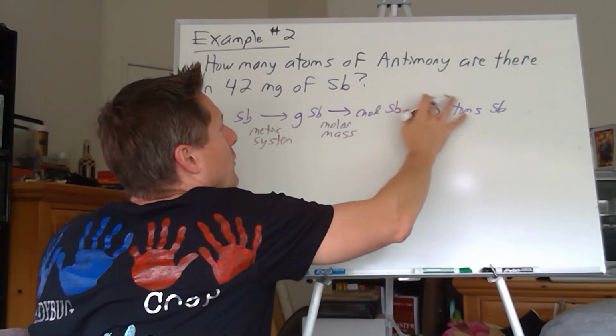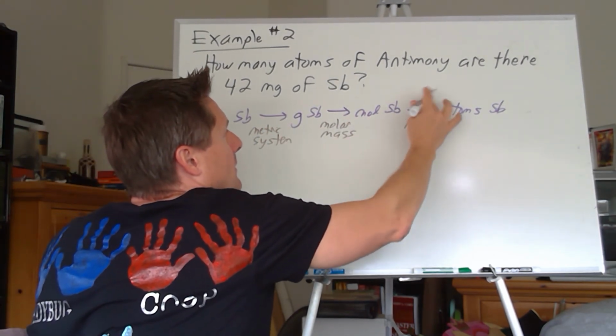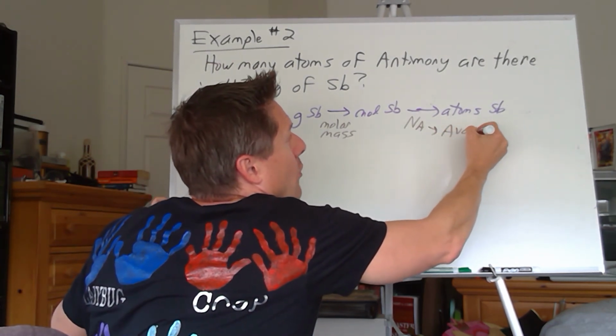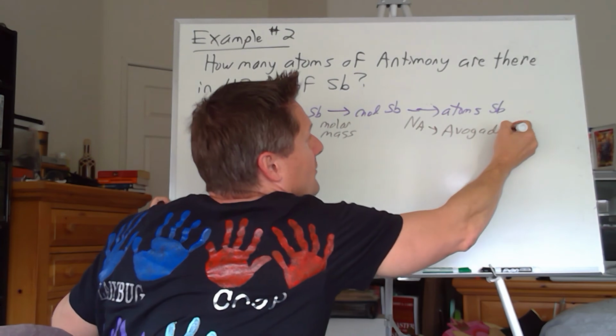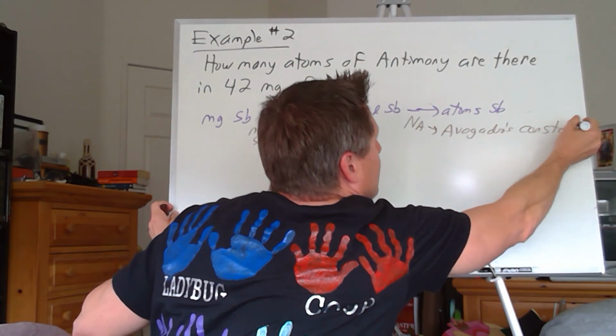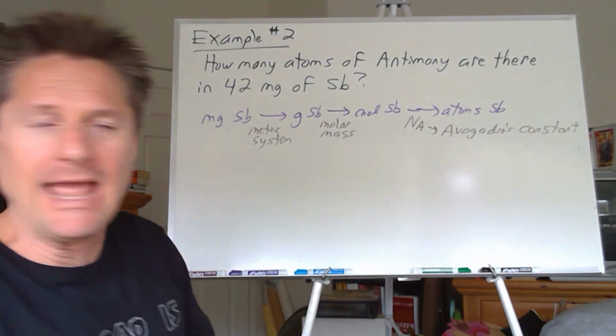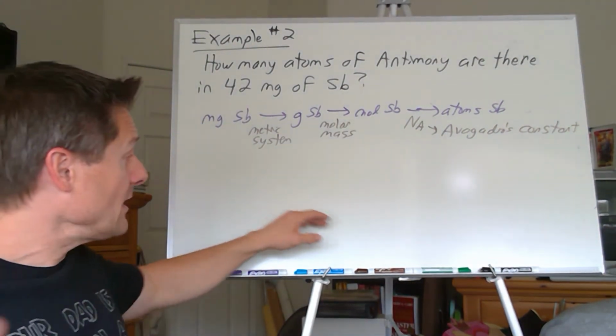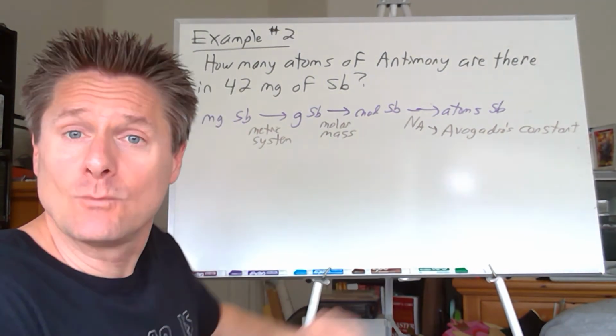I'll put that below just to be consistent. And that is Avogadro's constant, named after Amadeo Avogadro, our Italian friend. So I recommend you pause this and work this out.